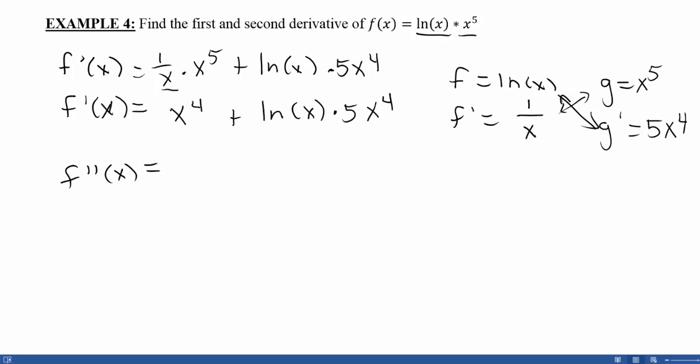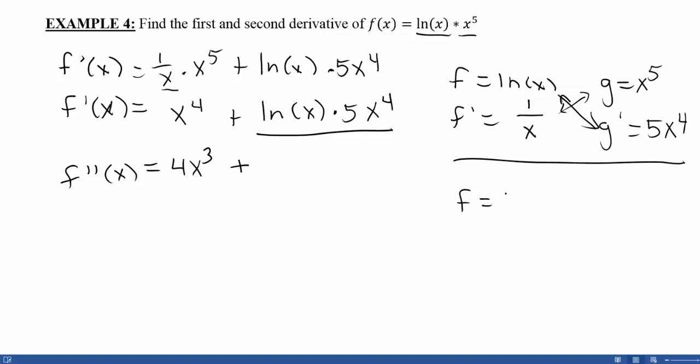Now the first term is x to the 4th. So to get the second derivative, I can just take the derivative of that first term, no problem. Power comes down, subtract 1 from the power. However, the second term, I notice, is two things multiplied together. So I have to do another product rule in order to get the derivative of this second part.